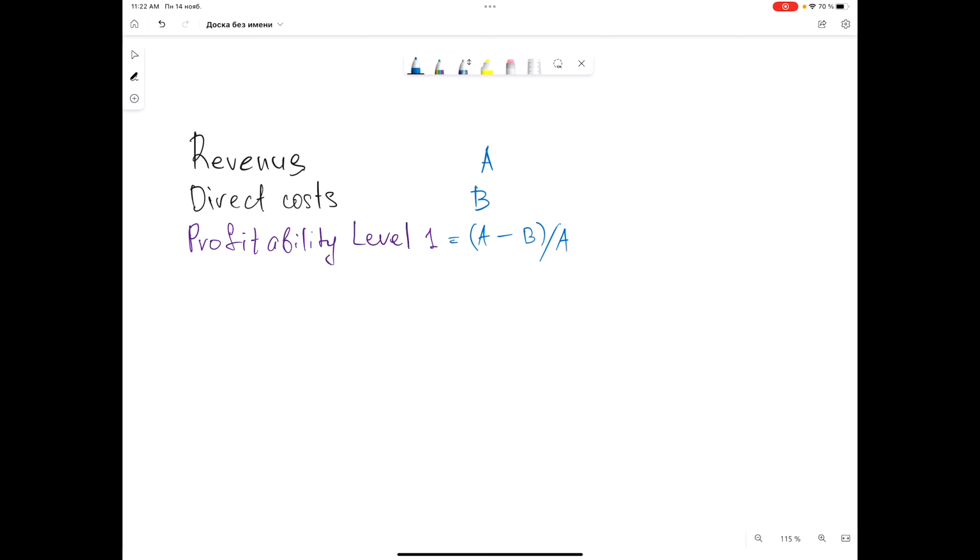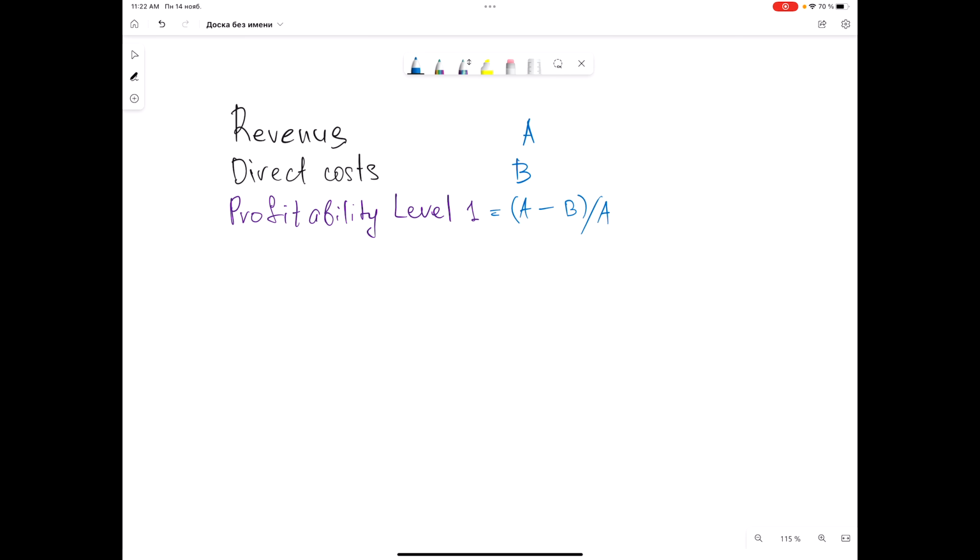Then we also have other types of costs. We have payroll, we have fixed costs, and we have taxes.